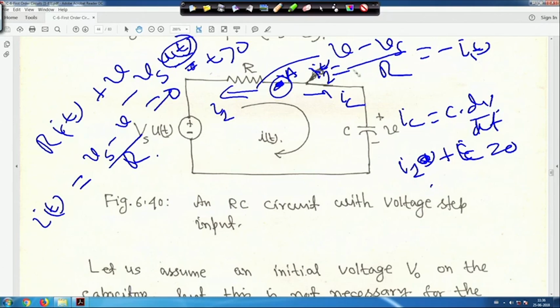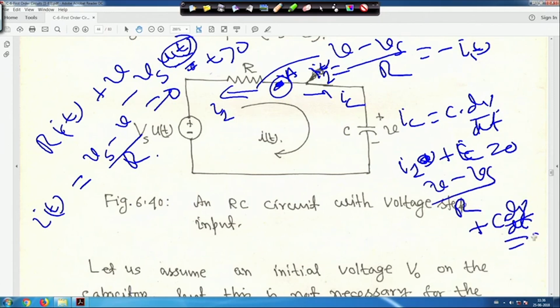That means (V minus Vs) divided by R plus C dV by dt is equal to 0. Although the direction is taken like this, it will be V minus Vs, and for t greater than 0, u(t) is equal to 1, so it will be Vs. From this equation we have to try to solve for this. Thank you very much, we will be back again.